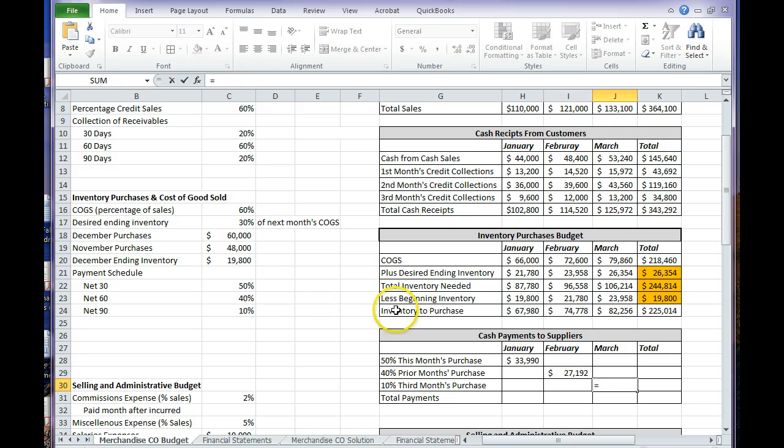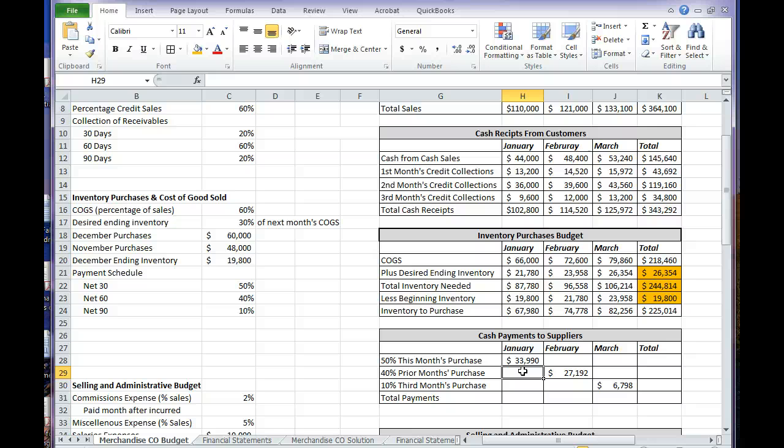In March, you purchased 67,980, and you're paying 10% of it. So these are your cash outflows based on your January purchases. It's like when you buy something with your credit card. Your parents will pay it off in January and February and March instead of all at once.